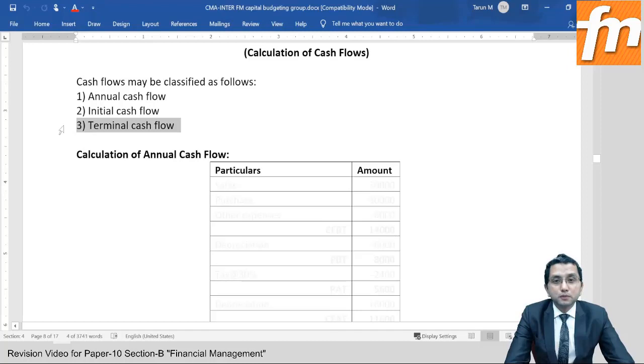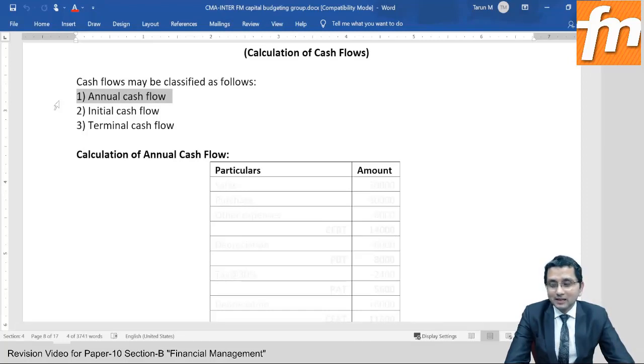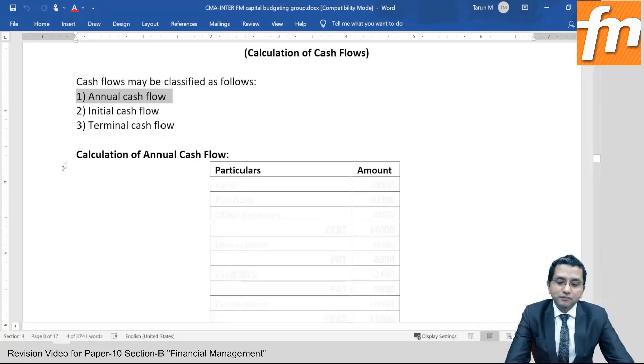When you wind up, close, terminate this project, then by selling various assets and realizing working capital, whatever amount you receive is named terminal. The name itself is clear. At the beginning, one time, it is initial. At the end, one time, it is terminal. Meanwhile, every year, first year, second year, third year, and so on, it is annual cash flow.